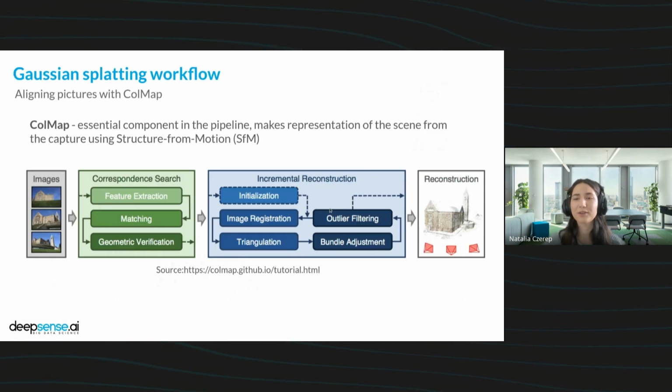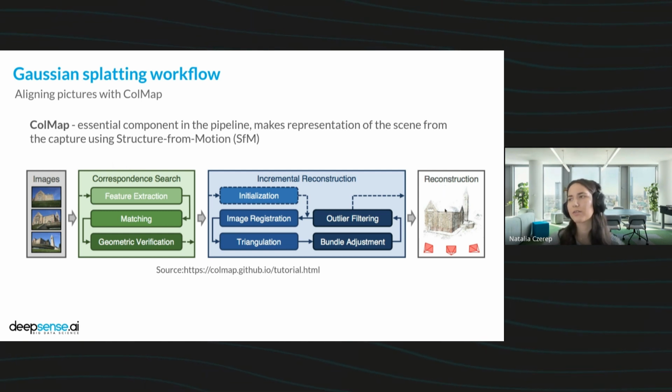But before we can train Gaussian splatting, we need a couple of pieces of information from the images. So in our experiment, we used COLMAP, and it provides the initial reconstruction of the scene or the object.